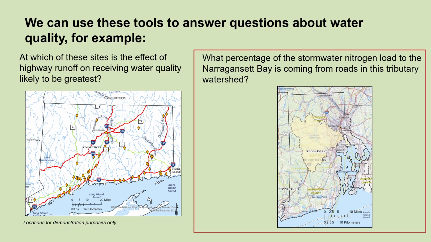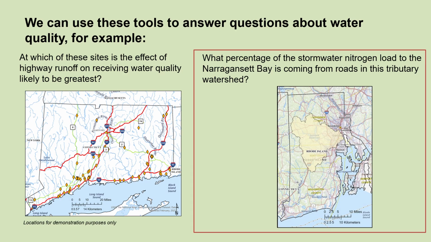So now we'll turn our attention to a different example, which is to think about, if we're concerned about the total load of a constituent in a watershed, but we need to understand what proportion of that load is actually coming from roads, and this is particularly valuable within a TMDL development context.